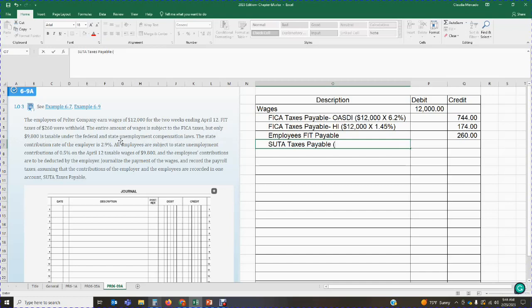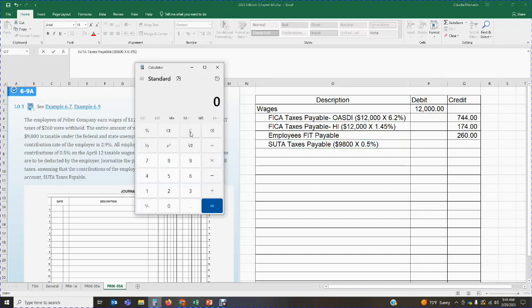So I'm going to pay state unemployment taxes on $9,800. Yes, I did earn $12,000, but for FUTA and SUTA purposes, I'm only going to pay taxes on $9,800. So I'm going to get my $9,800, and the rate for the employee is 0.5%. That is given to you in the problem as well. So we have 9,800 times 0.5%. That gives me $49.